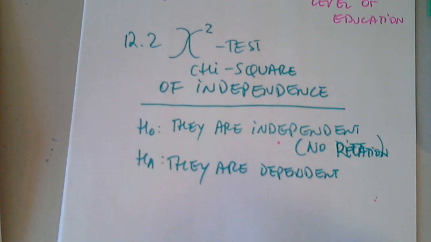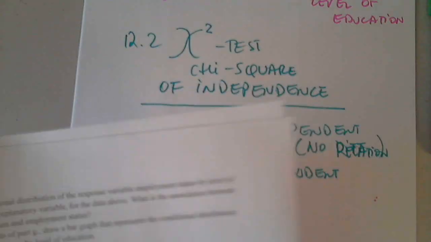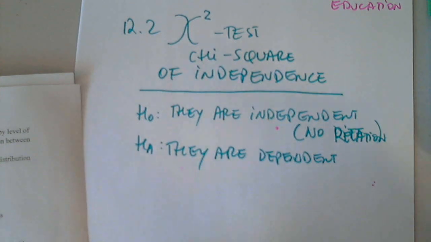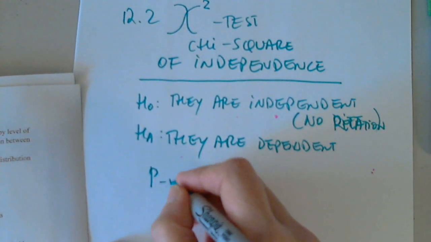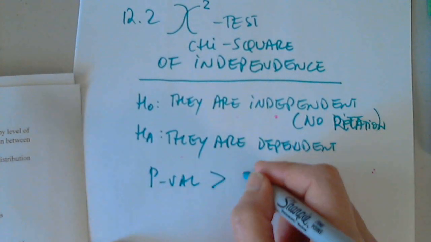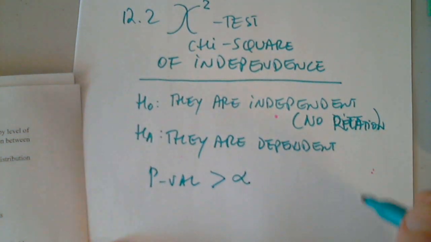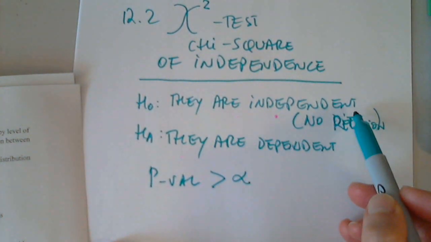Okay, so let's see how we conduct this test. Everything is the same. The p-value is the same. The test is different, of course, but we are looking for exactly the same answer. What are the options? If the p-value is greater than alpha, we will say they are independent.